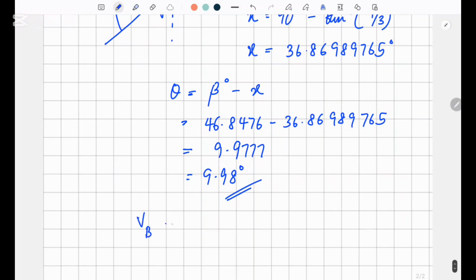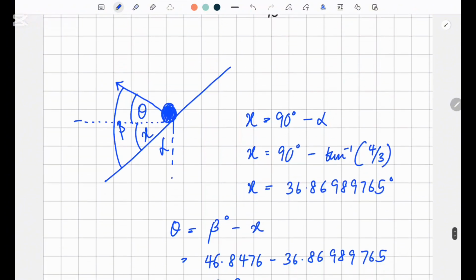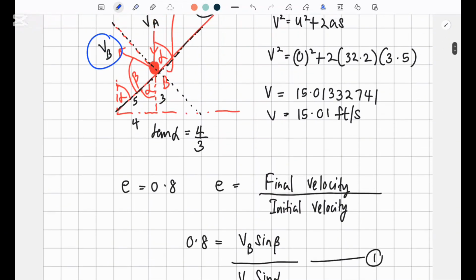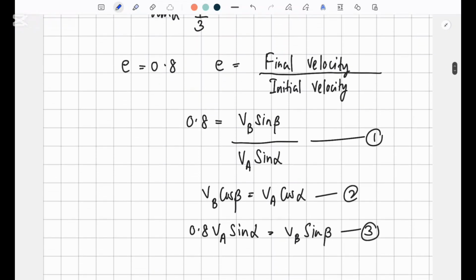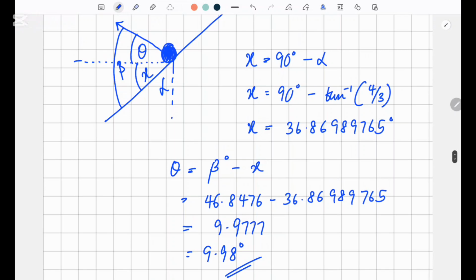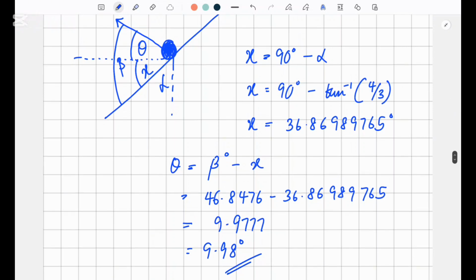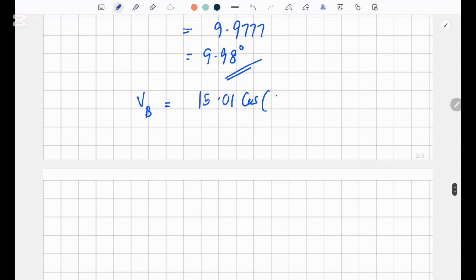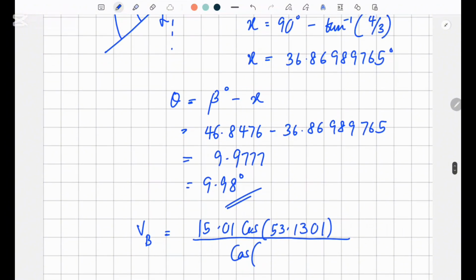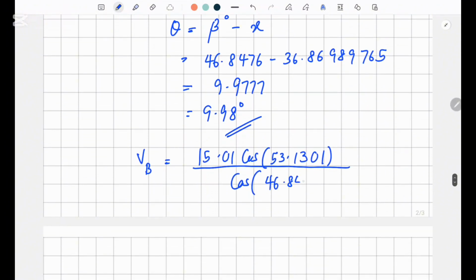So VB equals VA, which was 15.01, into cos alpha, which is 53.1301, over cos beta, where beta is 46.8476.